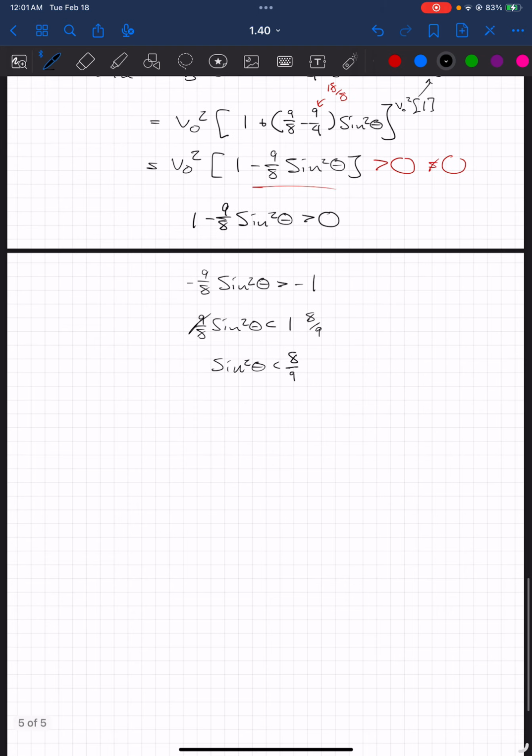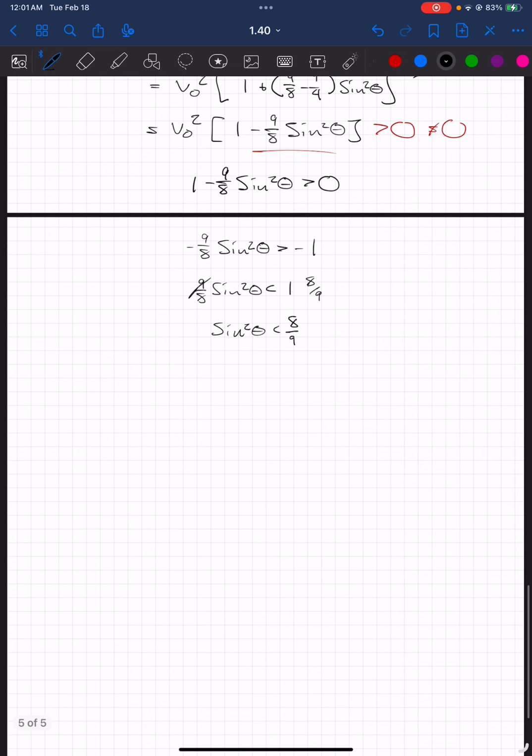So we have sine squared theta is less than 8/9. Take the square root on both sides, and then you take the arc sine to the right side. You find, finally, that theta has to be less than around 70.5 degrees.